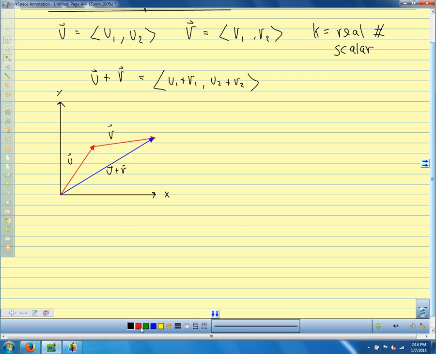And some people think about this as drawing a little parallelogram, a little box. So this is parallel here, and that's parallel there, and u plus v is the diagonal of that parallelogram. So that's another way you can think about it. So if we're drawing a picture, we add head to tail.